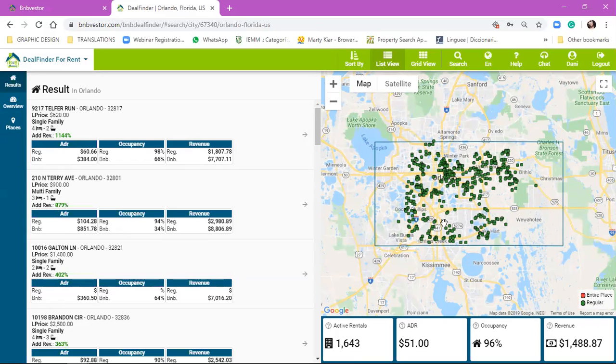That's why I wanted to show you this. This is why I like this view much better.